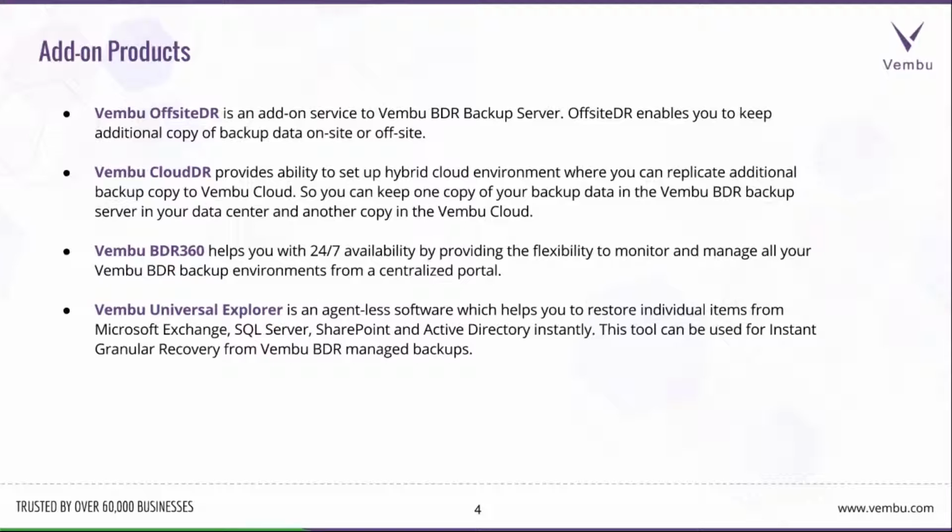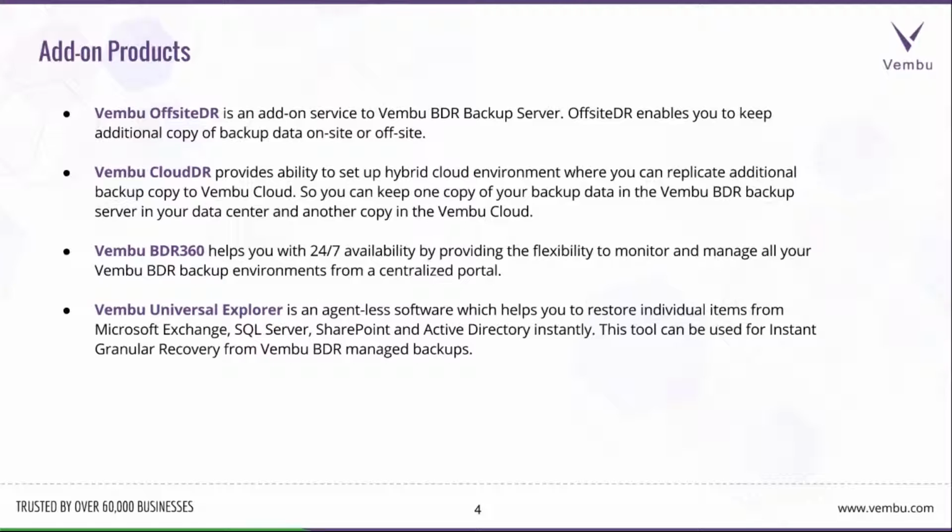And Vembu Cloud DR helps you have a hybrid cloud environment where you back up to the local VDR server, and from there you can replicate the data to have a redundant copy on Vembu Cloud, which is on a secure Amazon environment. You can also perform direct disaster recovery from Vembu Cloud in case of disaster.